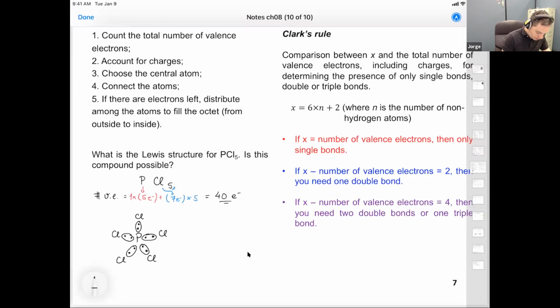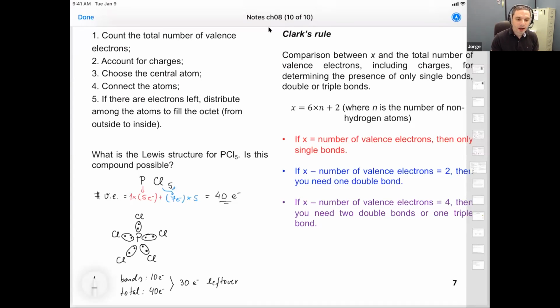To make the bonds, we spent 2, 4, 6, 8, 10 electrons. We had a total of 40 electrons, therefore there are 30 leftover electrons.